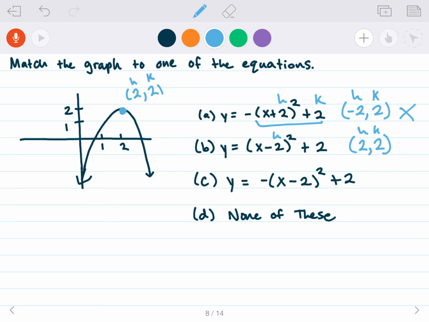However, this a is positive, and so this is saying it's going to open up. So that's not correct. If we look at choice C, this time h is positive 2 and k is positive 2, and this negative sign says it opens down. So that's the correct answer. All right, so choice C is our answer here.